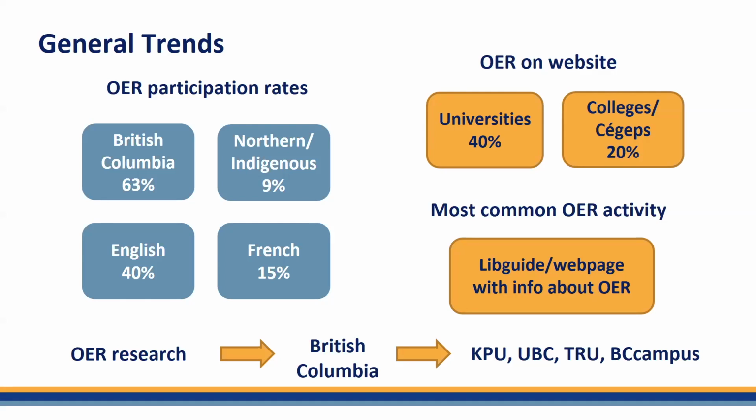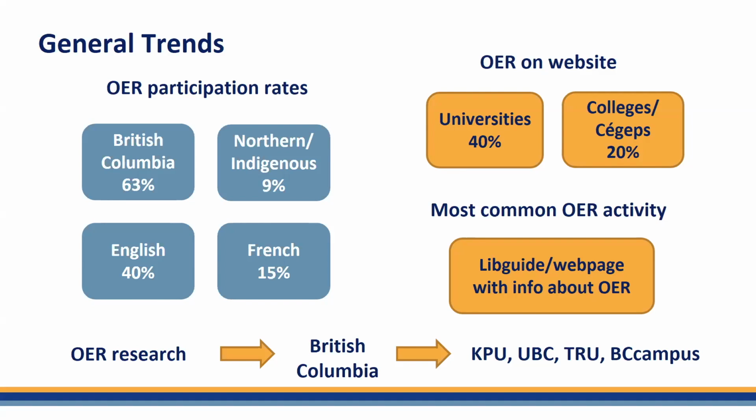In terms of language, institutions with English as the primary language of instruction were more likely to be involved in OER activities, about 40% of them, compared to institutions where French is the primary language of instruction, which was about 15%.